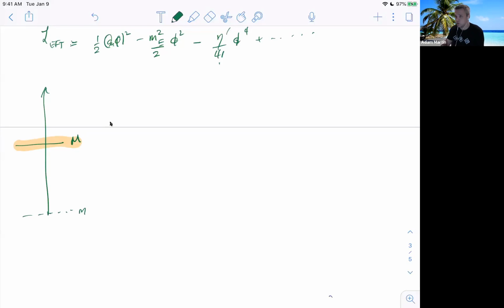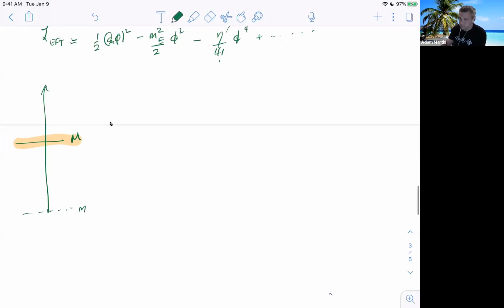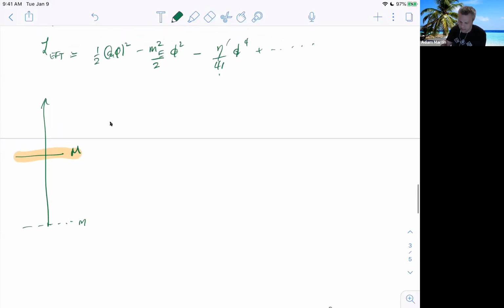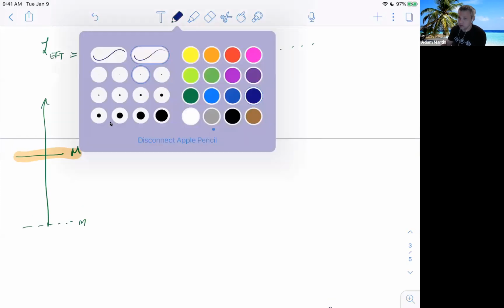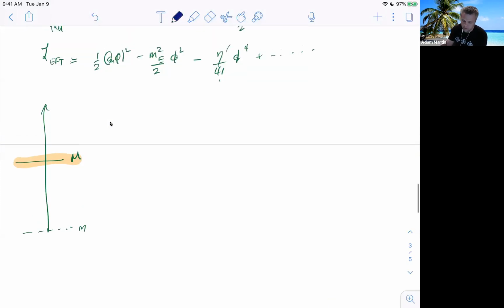I'm going to do this two ways, or in steps, because I think that really highlights what's important. So first, let's imagine that kappa is 0.